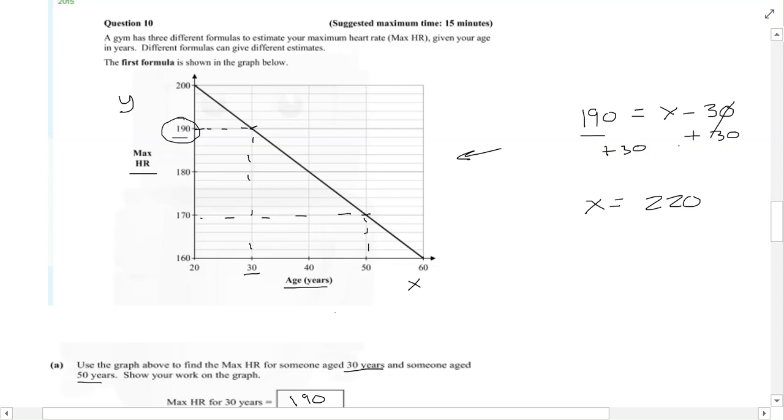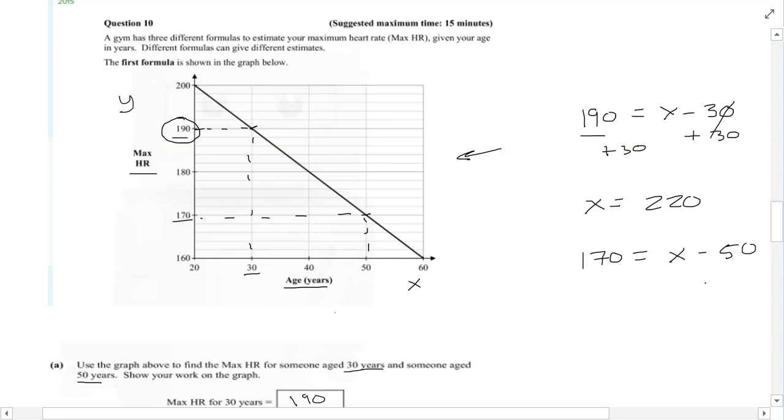And then we can do exactly the same thing for the next value that we used. So let's say when the maximum heart rate is 170, so 170 is equal to some value x minus 50. Okay, so again, we can use algebra here as well.